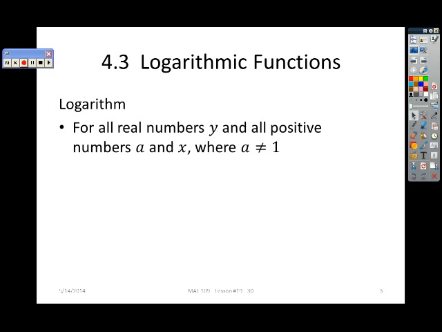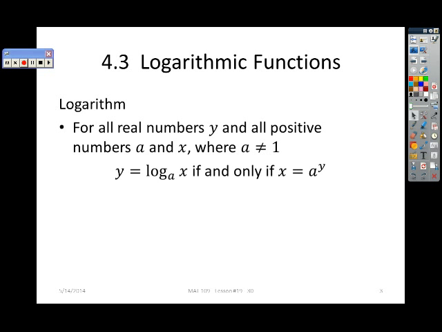Just like with the exponential function, a is going to be a base, and we don't want that base to be 1, because anything you do to 1 just winds up being 1. So we're going to restrict a not to be 1, but we want it to be positive. We can't work with taking logarithms of negative numbers. We can't be complex, we can't be negative.